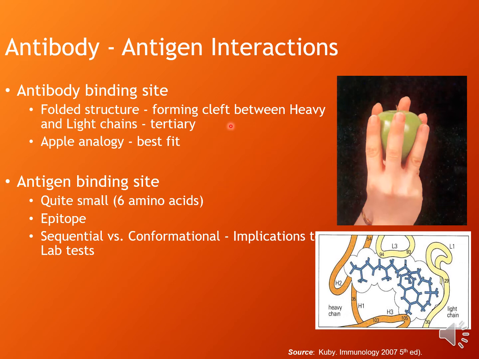It forms a cleft in the V region. The antigen binding site is actually a small region. It is only the tip of the variable region. And this is also the antigen determinant site, which we can also call epitope.